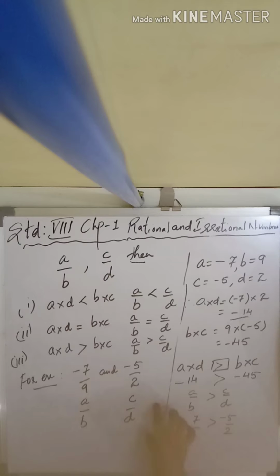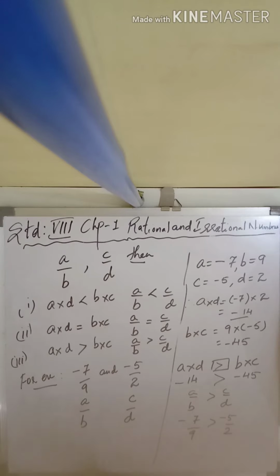Now based on this children, I'll give one question for homework, that I'll be sending the photo or image of that question in the group. In that question I'll be giving, by using the rules, determine which rational number is bigger or smaller. So that you will be solving in the homework notebook.